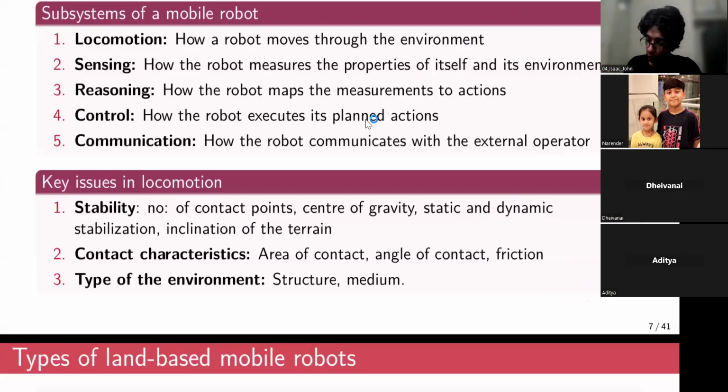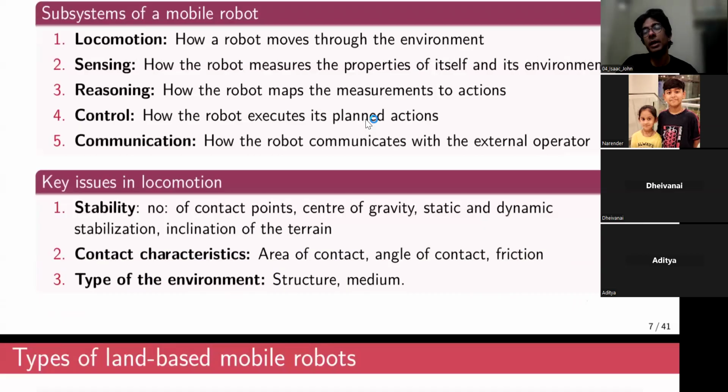Then another issue regarding locomotion is the contact characteristics: the area of contact, the angle of contact, the friction, right? In mobile robots, friction is more often a good thing. For example, a snake or a lizard would find it very difficult to crawl through very slippery surfaces like tiles.